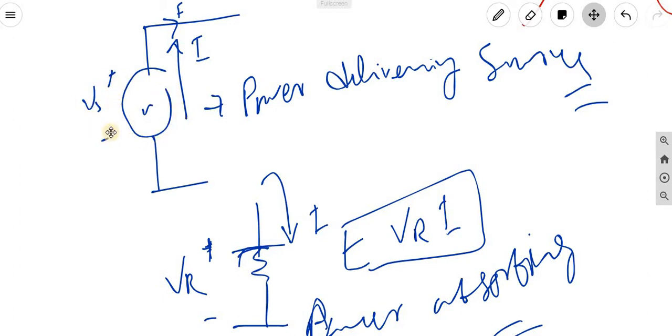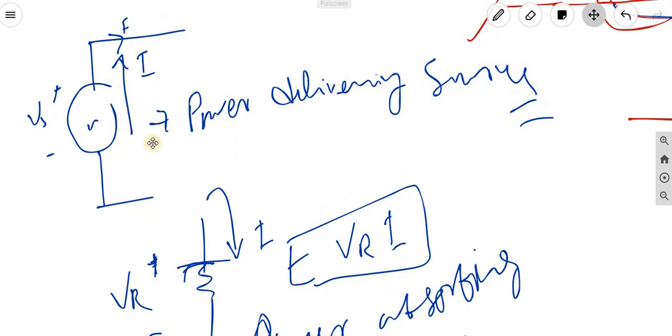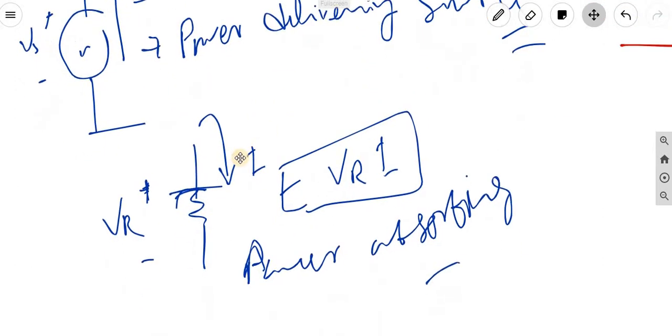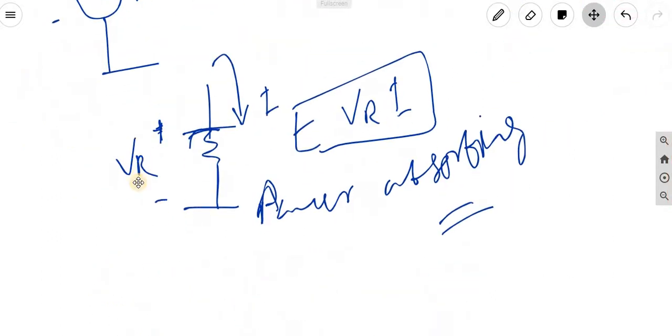And in that polarity, if it is happening, then that particular unit will be considered a power delivering unit. And if the voltage across that element and the current is flowing in at the positive terminal, it will be considered a power absorbing element.